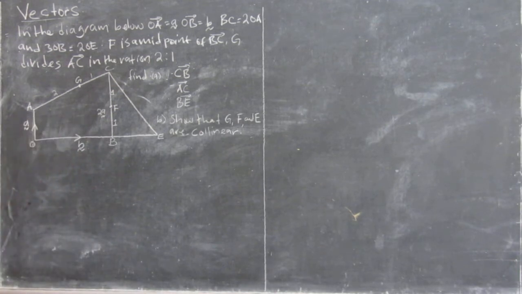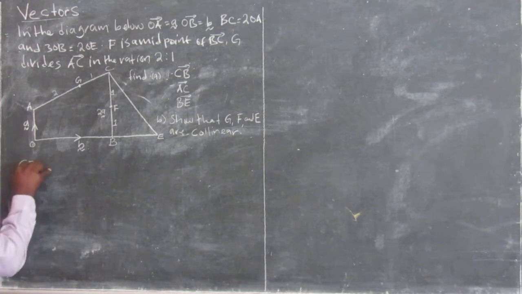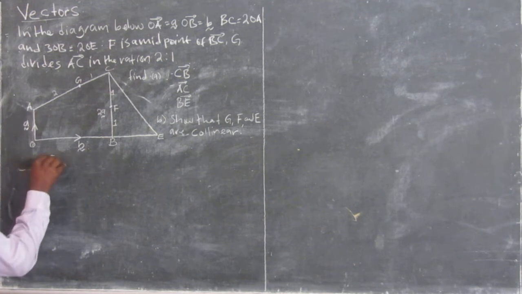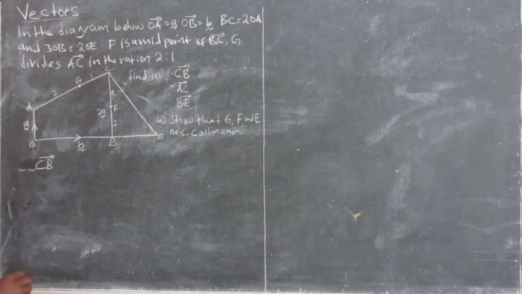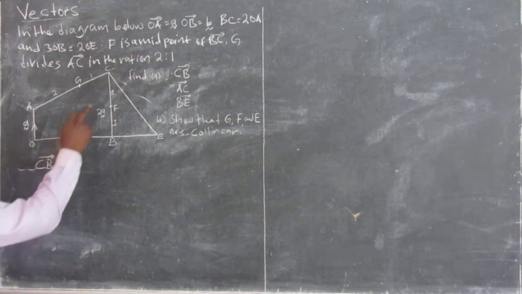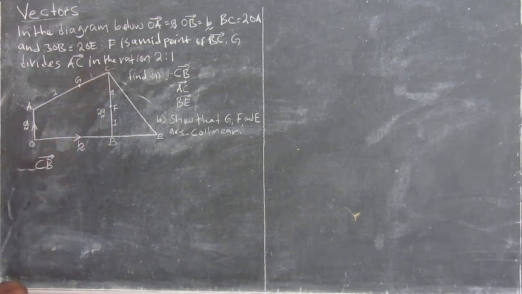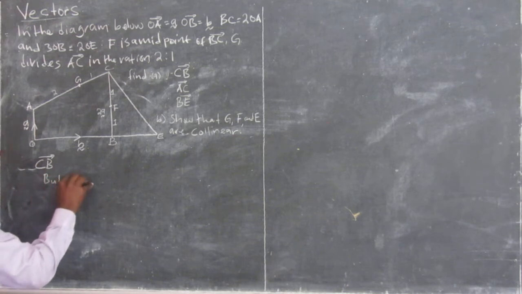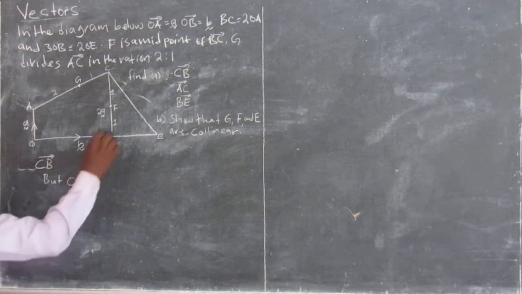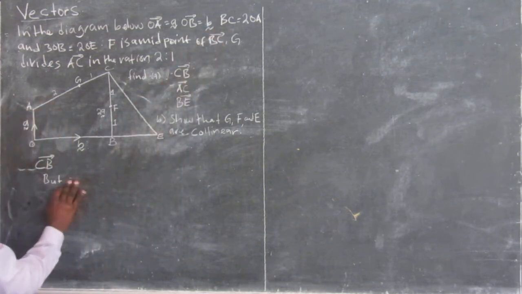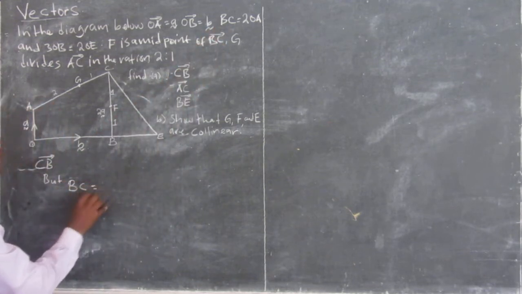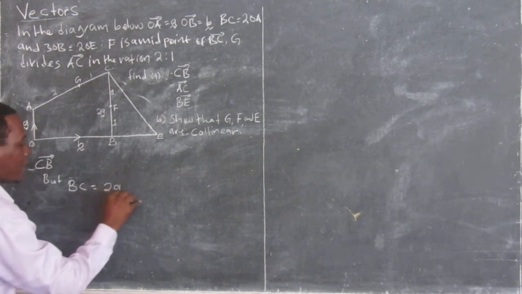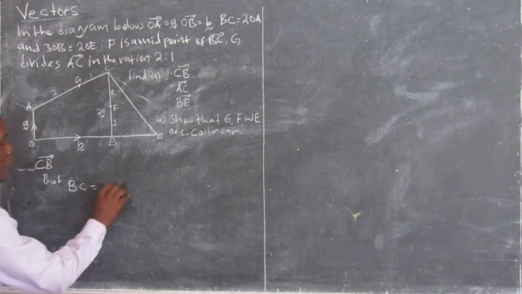We can start by solving what we call CB. You know that to get CB, we know that BC is equal to 2OA.